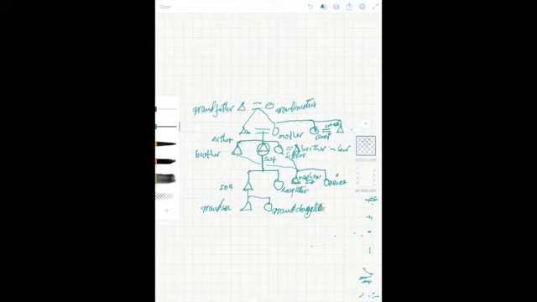What is the son of daughter? And the answer is grandson. And what is the daughter of daughter? And the answer is granddaughter. So can we draw that in the same way, or sort of a mirror image of the same way as we have for the parental relations? And the answer is yes.